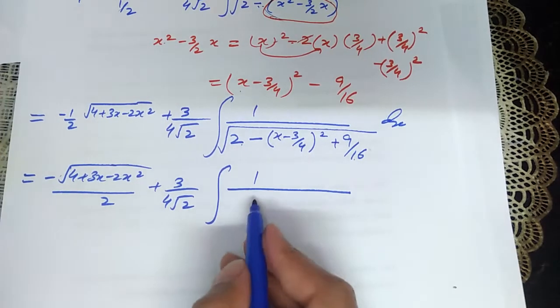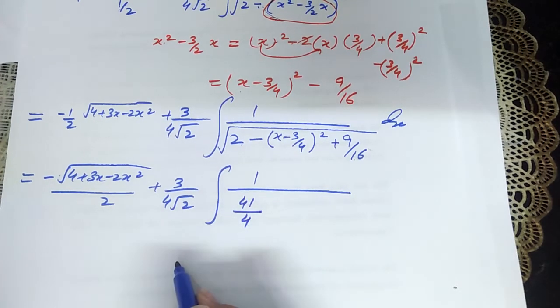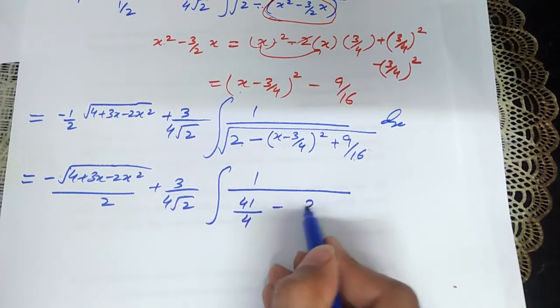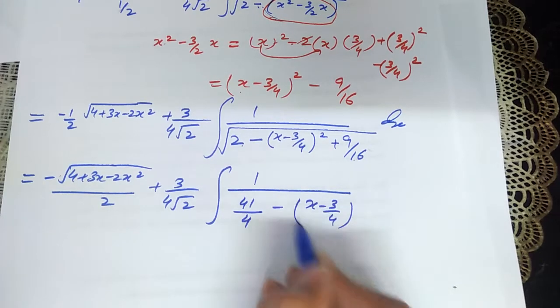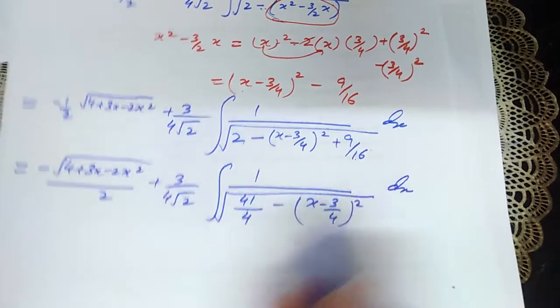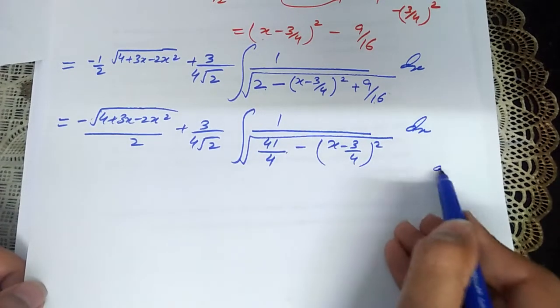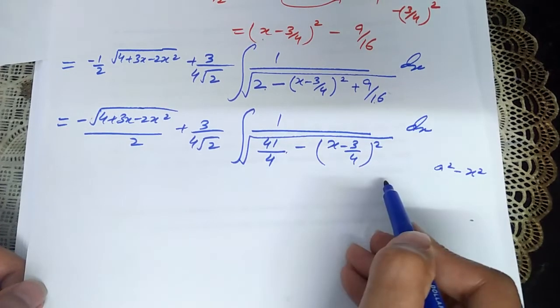This will give you 41 over 4 negative x minus 3 by 4 whole square, and this main square root dx. Now I need here some square as well, so that I can write it like a square minus x square term.